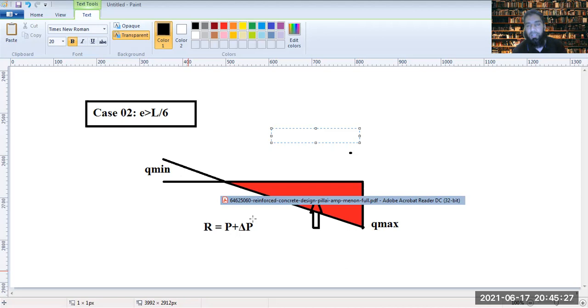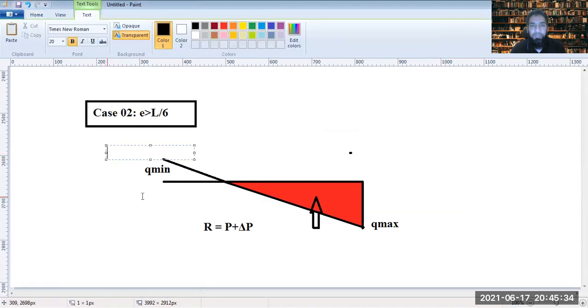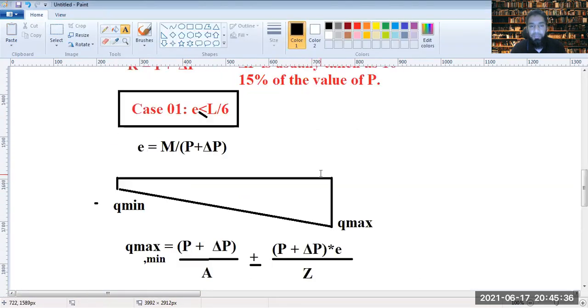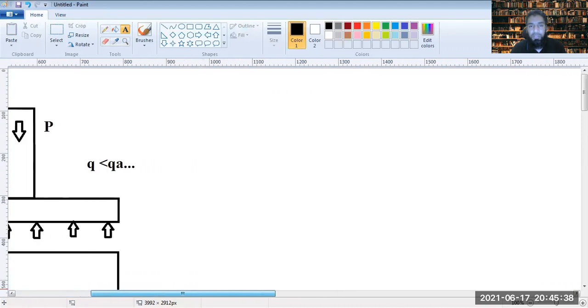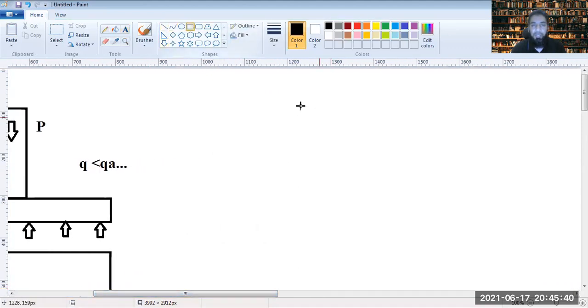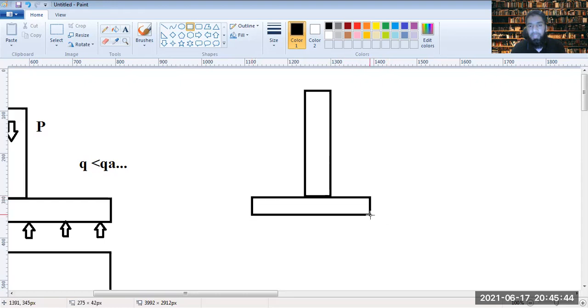Now we all know that earthquake loads or lateral wind loads could act on the structure. All those loads lead to instability within the structure. You have a column and then you have a footing. Now if this is acted upon by an earthquake load, what is the natural tendency?